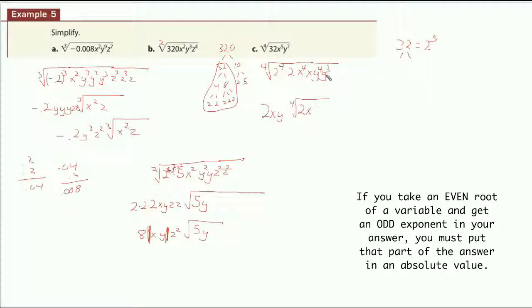Can't even take the 4th root of y cubed, so that needs to stay in there. And then we do have to put absolute value around xy because we had an even index and got odd exponents in our answer. And so there's the answer for that one. You can use these examples to help you as you follow through your homework.